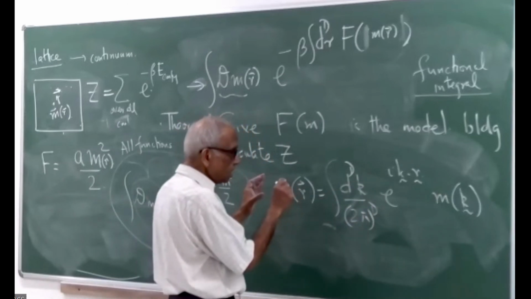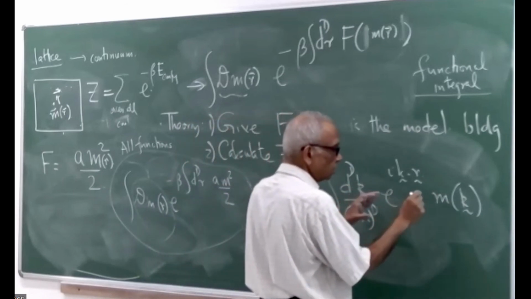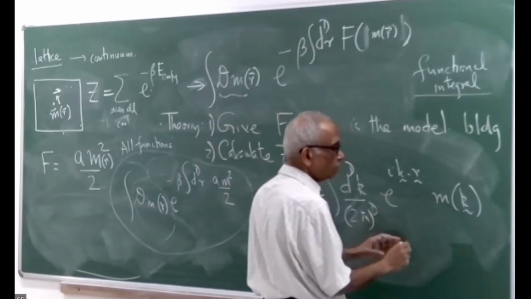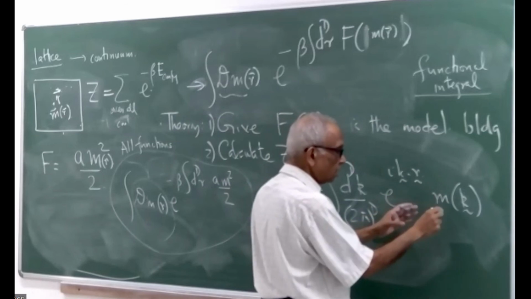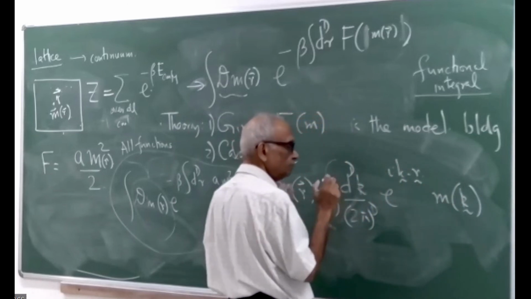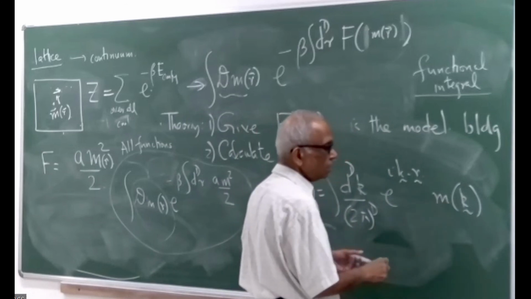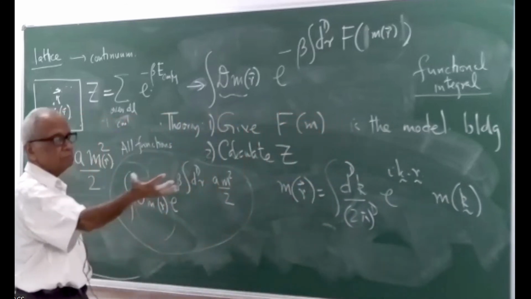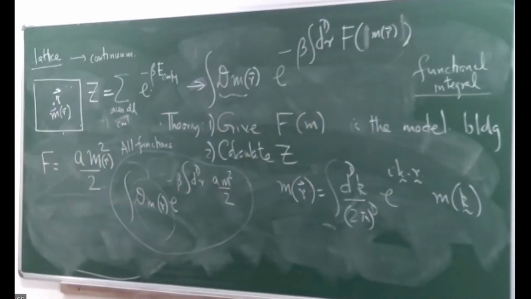So for every k there is going to be a complex number, and that is what you add up to get the answer finally.